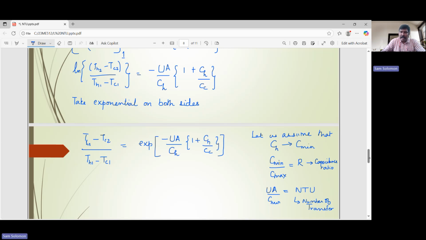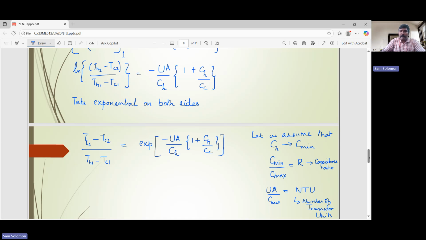So that is called NTU. Okay. So this R, which is the capacitance ratio, is also a non-dimensional number. And this NTU, the number of transfer units, is also a non-dimensional number.